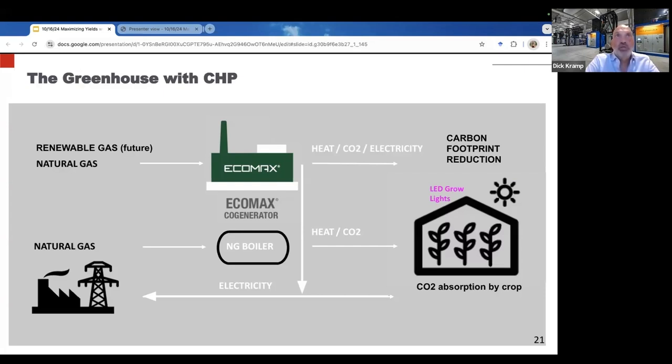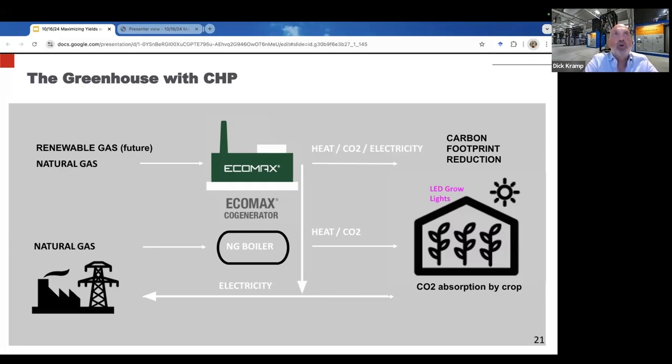So the natural gas is going through the engine. The engine is producing heat, CO2, and electricity. The heat and CO2 go directly into the greenhouse, and the electricity can either be used in the greenhouse to power the grow lights, or be supplied back into the grid and sold to the local utility or the grid regulator.